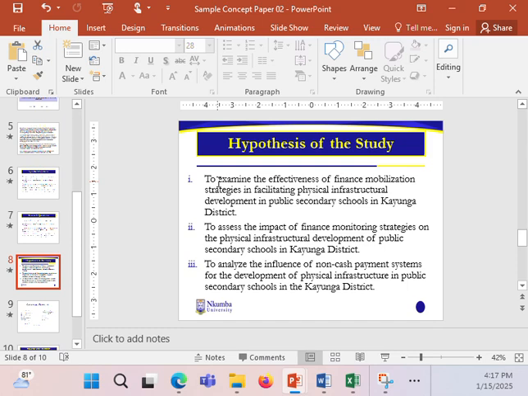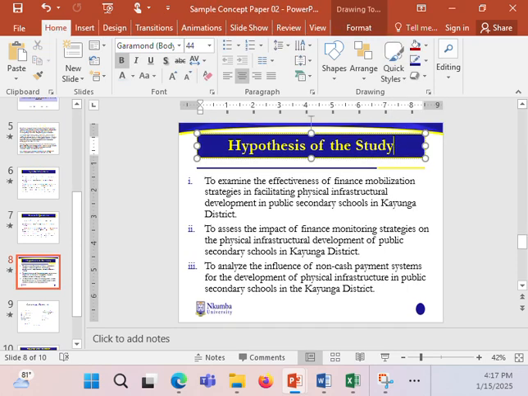Now, there are two forms of hypothesis. There is what we call the null hypothesis, and there is also what we call the alternative hypothesis.